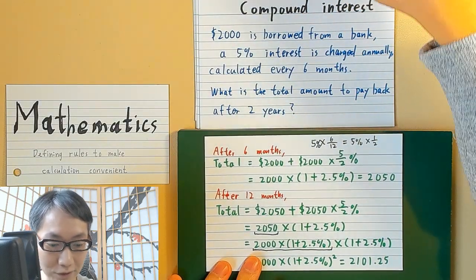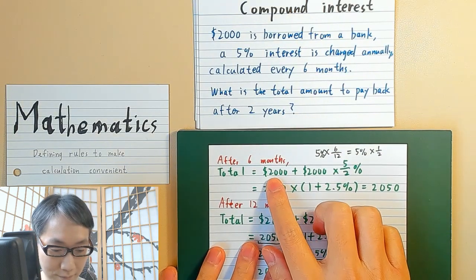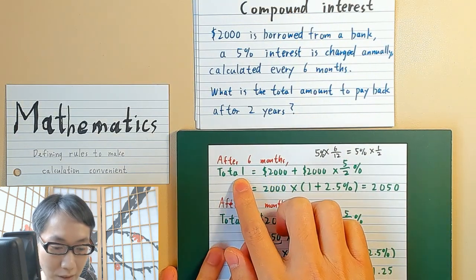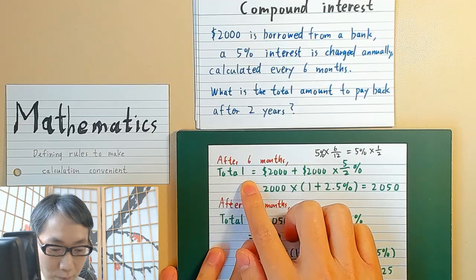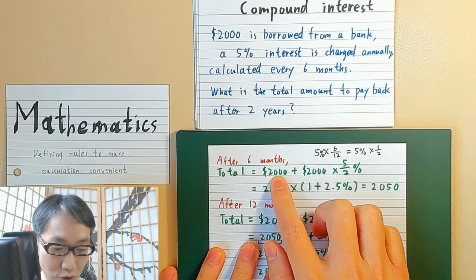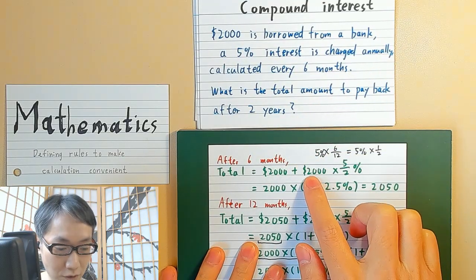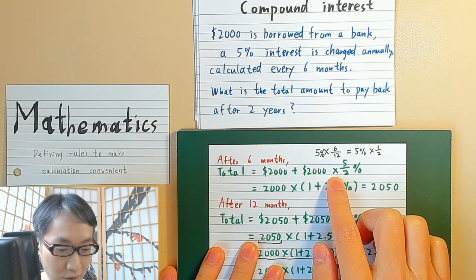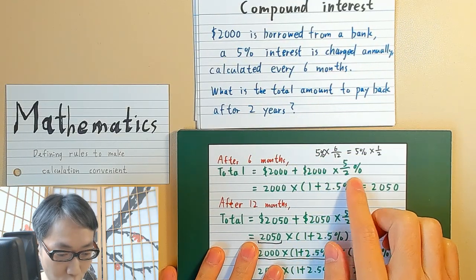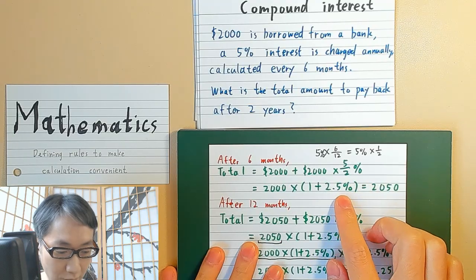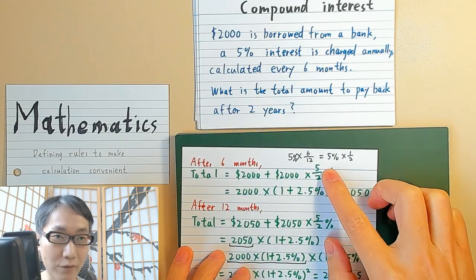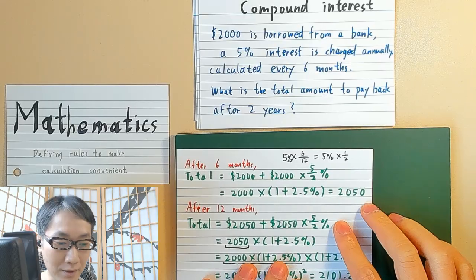So for the first 6 months, the total amount owed to the bank will be $2,000, the original amount, times 1 plus the interest. This part is the interest. So 2,000 times how many? 5 over 2%. This is 2.5%. So why 5 over 2?